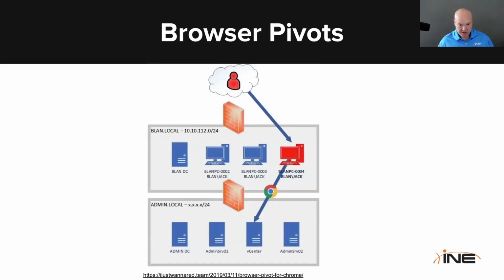And browser pivots, another attack. This shows how you're able to pivot through Google Chrome using this attack. As we go through here, we'll look into more details on this attack.